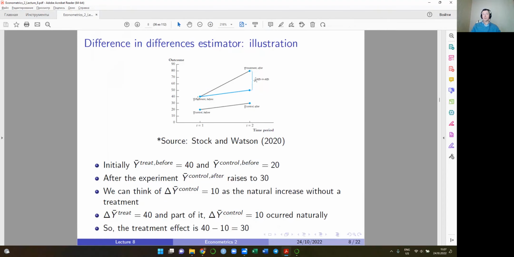Otherwise, if, for example, the treatment somehow was based on the characteristics of this treatment group, we will, as usual, have the problem of endogeneity, the correlation between X, in this case treatment, and error term, biased estimate, and all those unpleasant results.